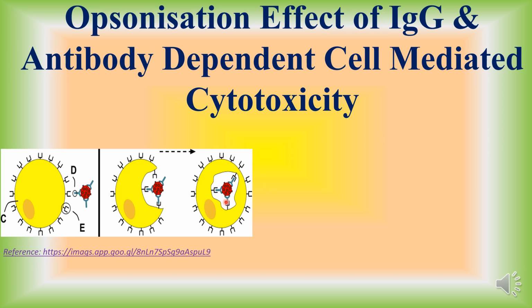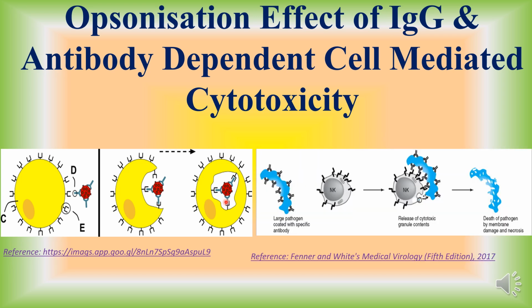Now we will take a look at antibody dependent cell mediated cytotoxicity. Here this is a large pathogen which has been recognized by immunoglobulin G, and now immunoglobulin G has completely opsonized it, which means it has formed an envelope around it, it has covered it.